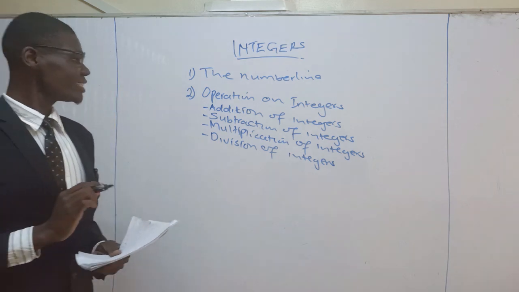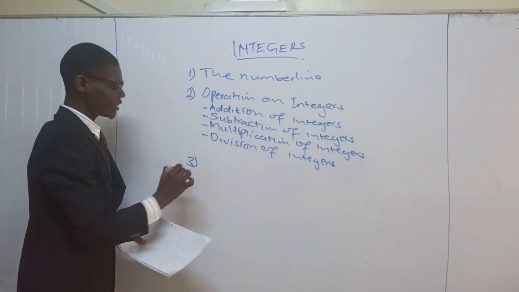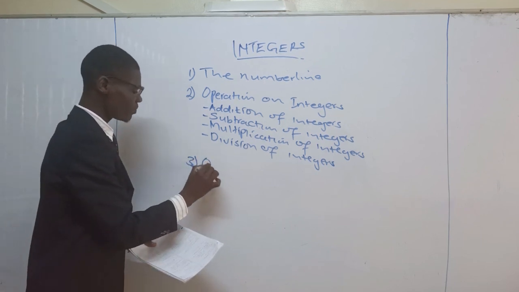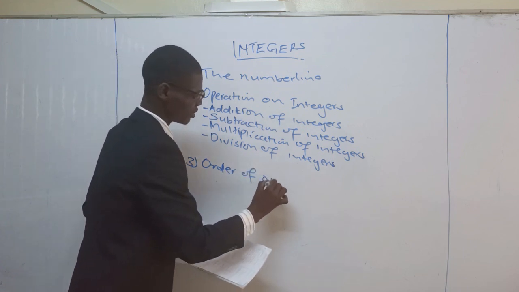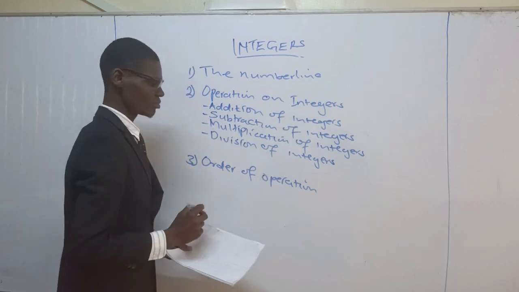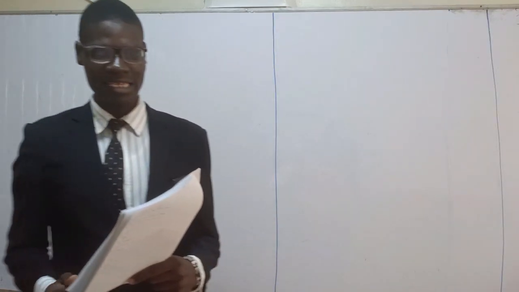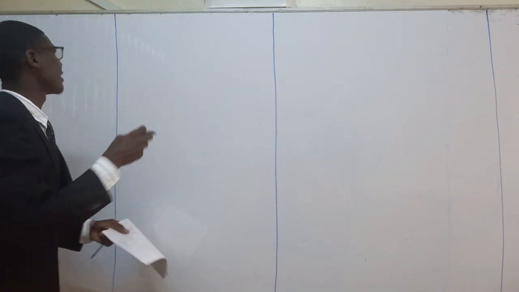Number 3 on integers, we will discuss order of operation. Now, let's start with the number line.